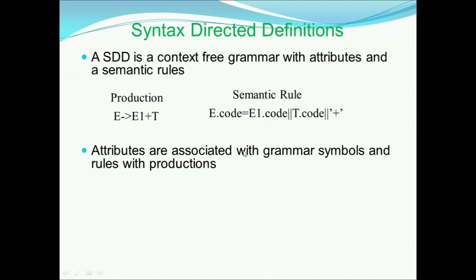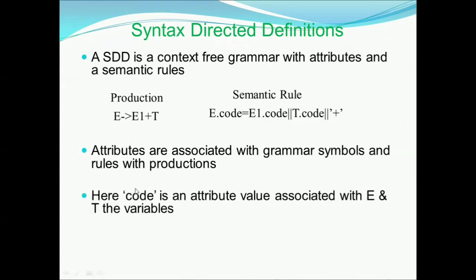The syntax-directed definition is a context-free grammar having semantic rules along with the attribute value associated with each grammar symbol. So here, as I said earlier, code is an attribute value associated with the E and T variables. Please don't get confused: both this E as well as E1 are one and the same. Only to show that there is a child node and a parent node, we have given this as E1.